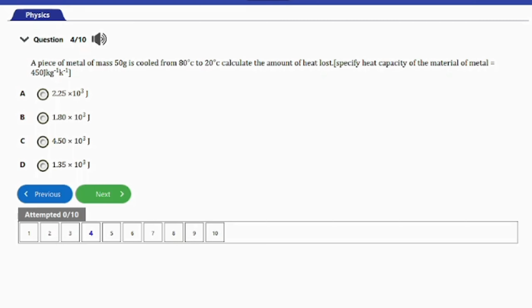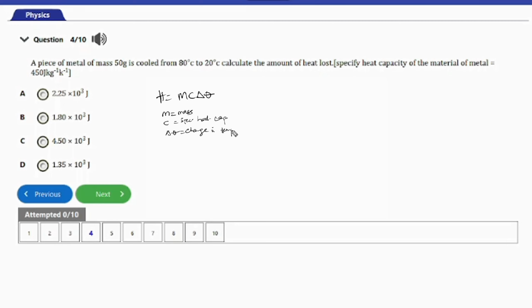So guys, all we just have to do here is to first of all get the formula for this question. And guys, the formula we're going to use here is H is equal to MC delta theta. So where M here is the mass of the metal, then C is the specific heat capacity, and then delta theta is the change in temperature.